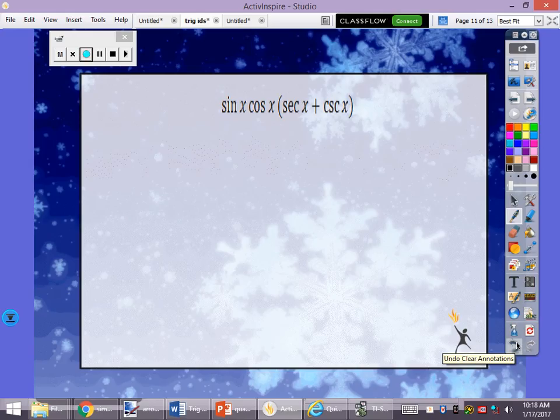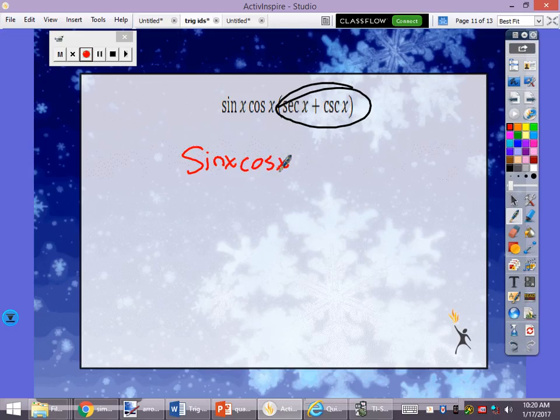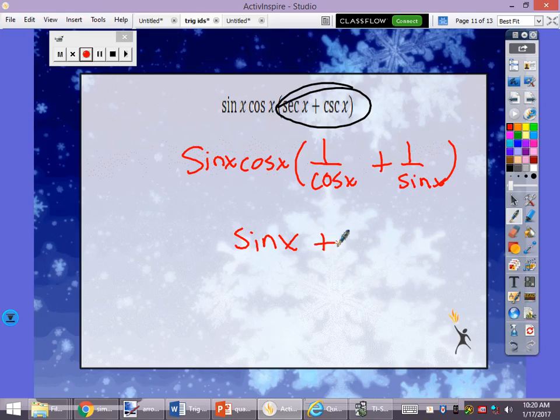Okay, go ahead and try this one, please. In this particular one, I'm going to go ahead and rewrite those using sine and cosine. So sine x cosine x times, I heard somebody say, 1 over cosine x plus 1 over sine x. When I distribute to this, what cancels? Cosine. So I'm left with sine x plus cosine x.